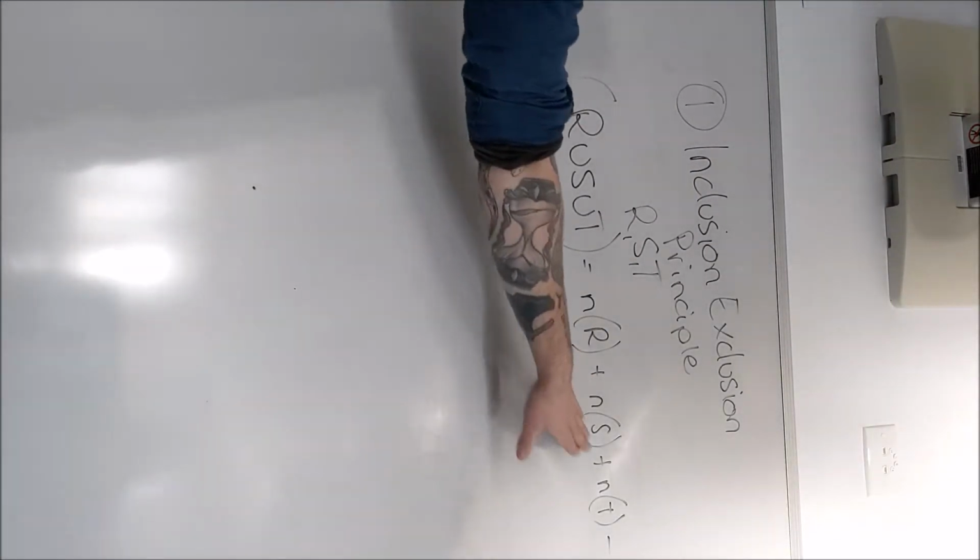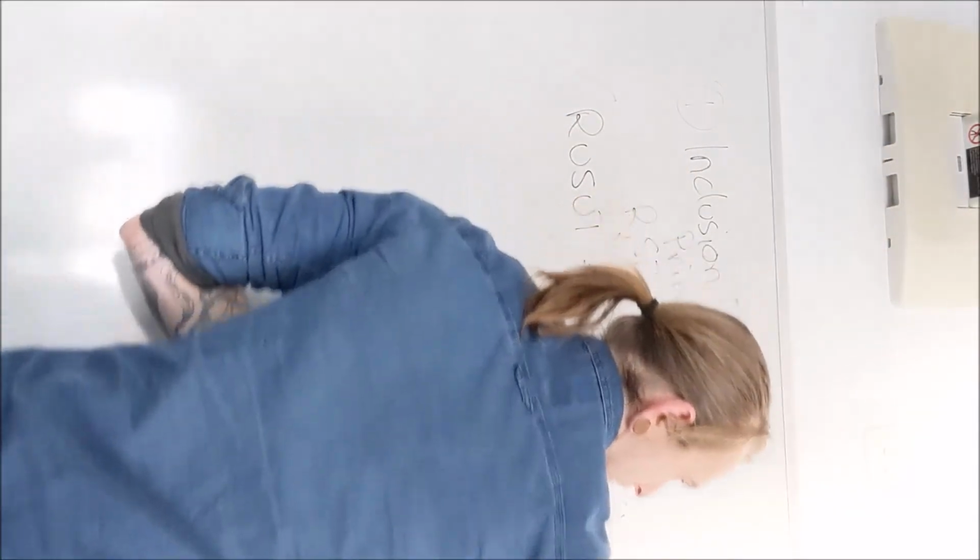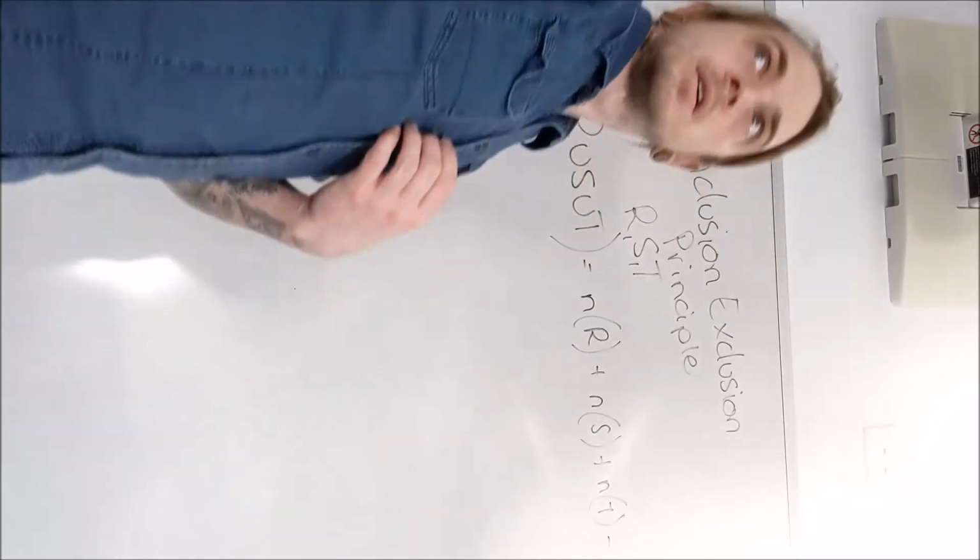So if you remember your Venn diagrams, you add up each of your 3 sets, you subtract the intersection of the 3 different pairs, and then you add back in the intersection of all 3 to make sure that you are not double dipping.